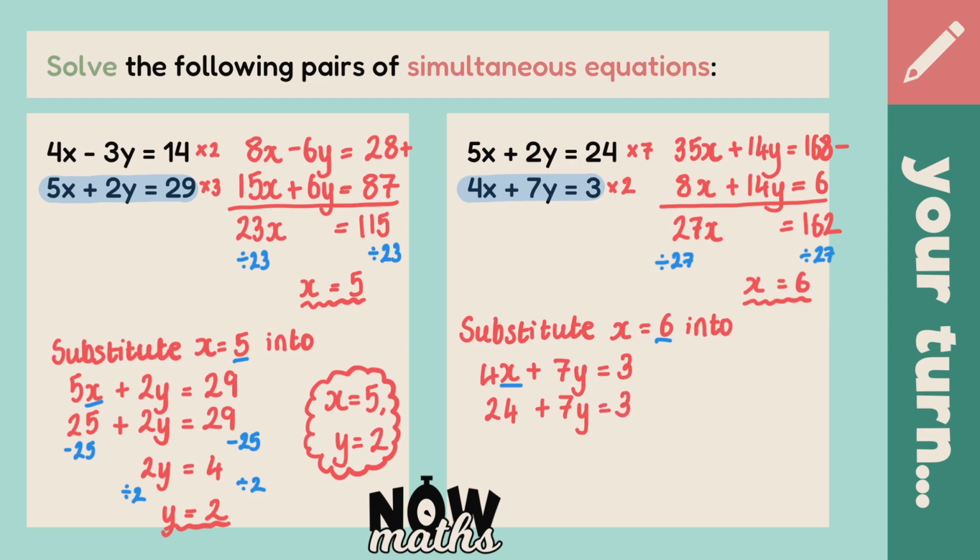And then solving, we subtract 24 from each side to give us 7y equals negative 21. And then dividing by 7 gives us y equals negative 3. So our final answer is x equals 6 and y equals negative 3.